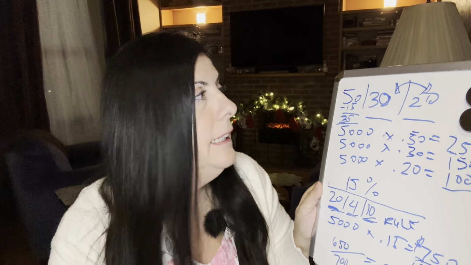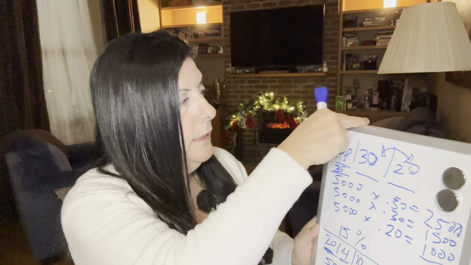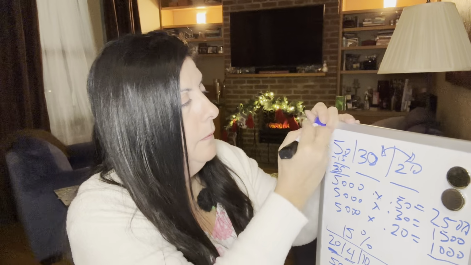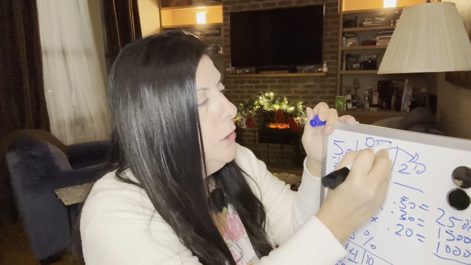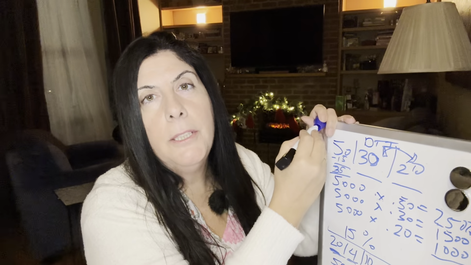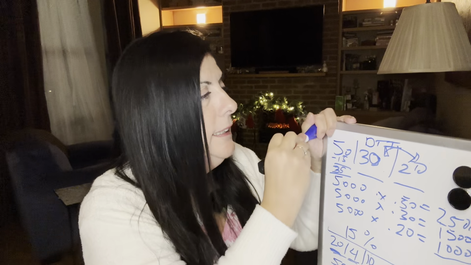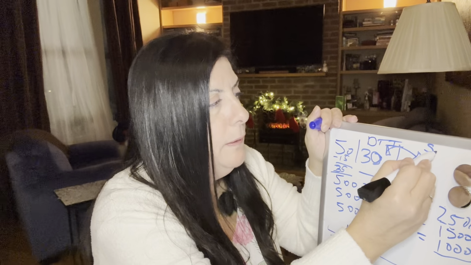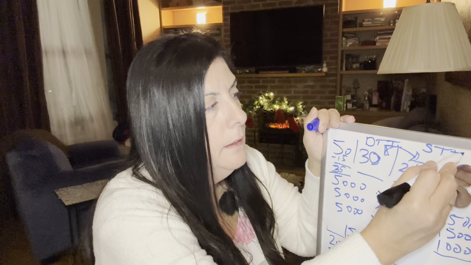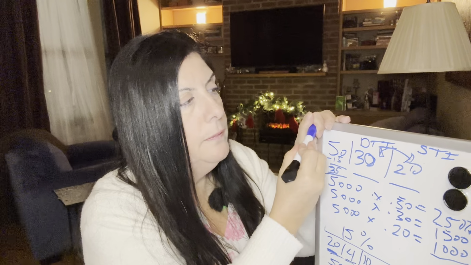And then the debt to income ratio, the DTI, also works the same way when it comes to savings, but it's a savings to income ratio, the STI.